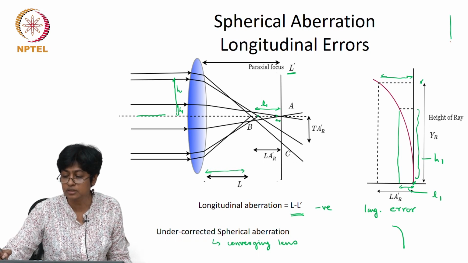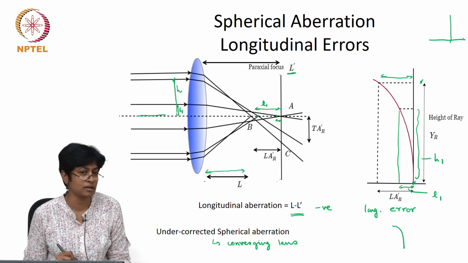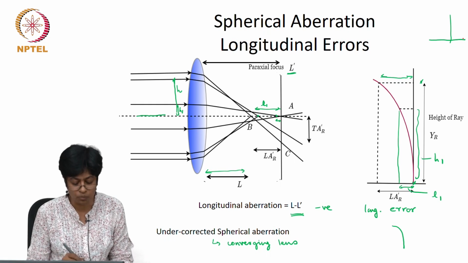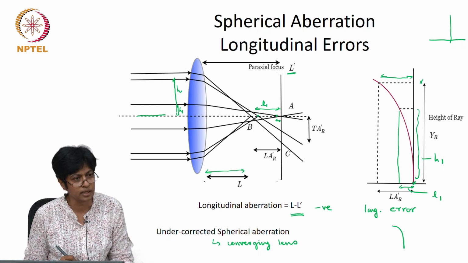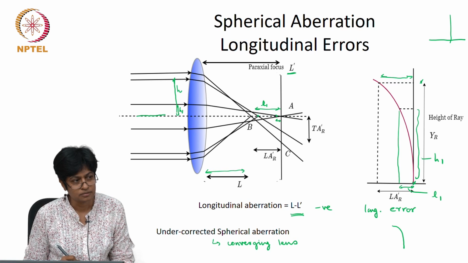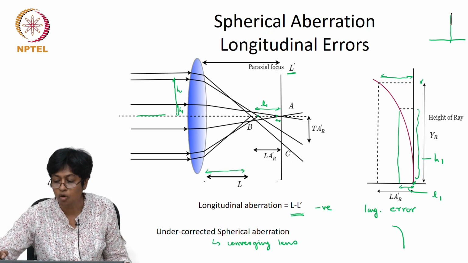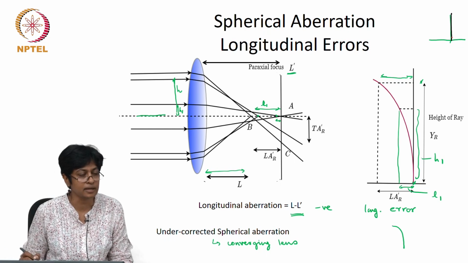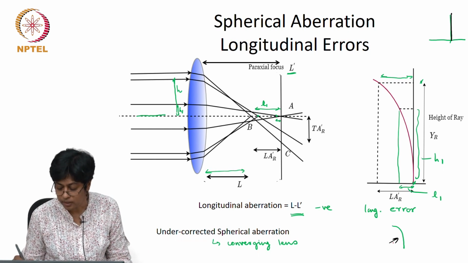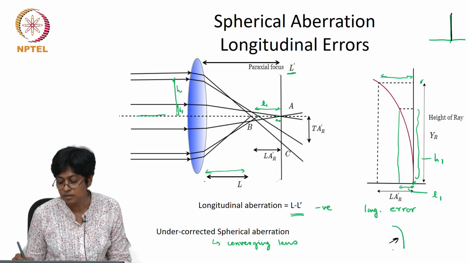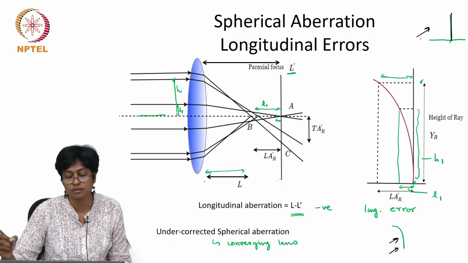If this is the axis to plot the longitudinal error, and there was no longitudinal error, what should I have there? I'll have a straight line. All rays, no matter what their height, have error 0. So if this is what I have, how could I convert this to this?